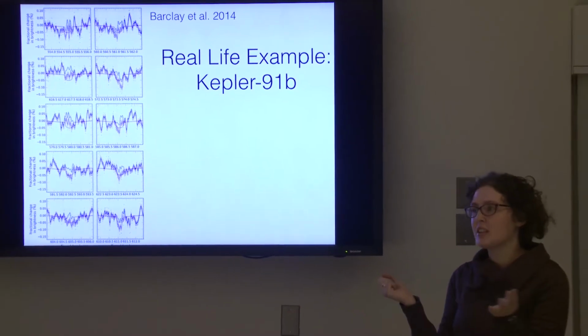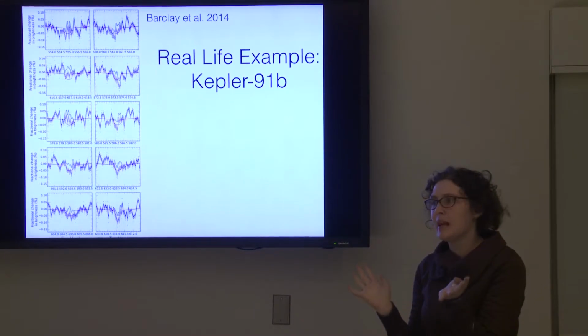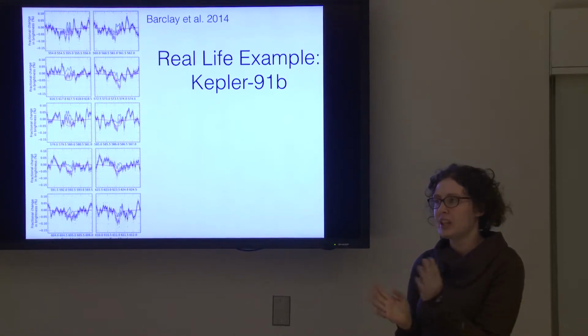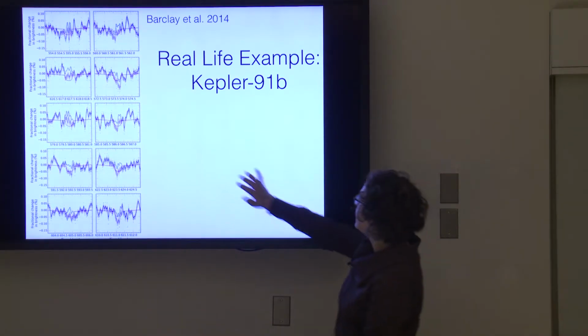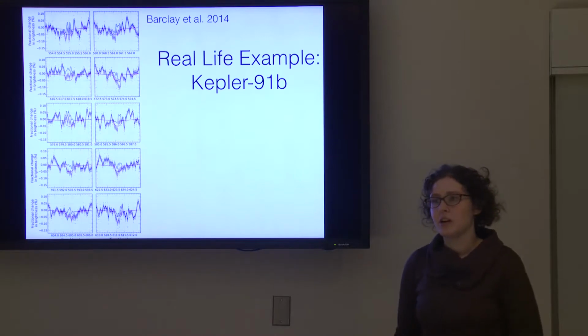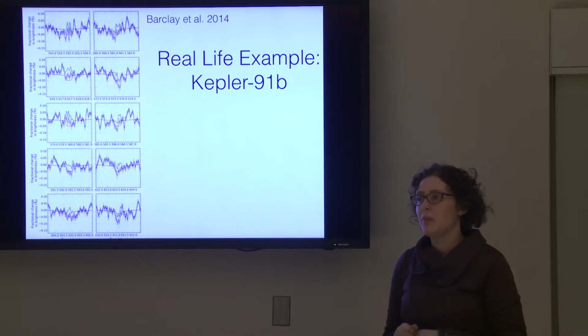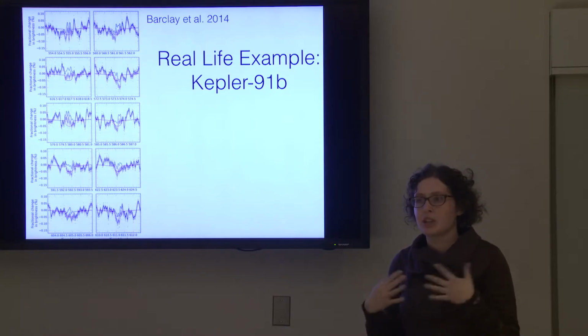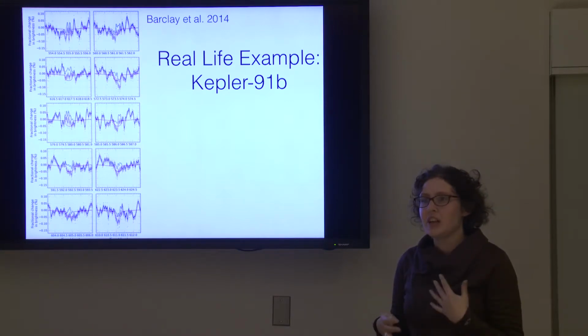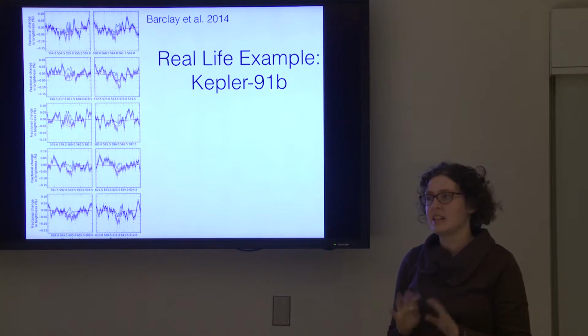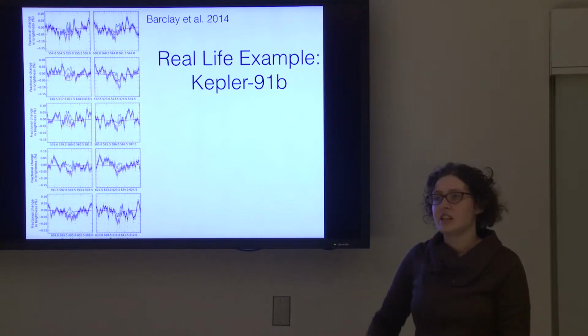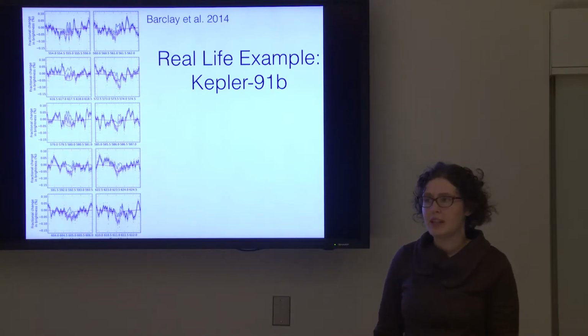They were so wrong that they assumed it couldn't actually be a planet because those parameters would make no sense. But then once they used a Gaussian process, which I'll talk about, within their likelihood function, they were able to capture that correlation and get parameters for the planet that did make sense. And then they realized that it was a planet after all, even though before they thought it was a false positive.